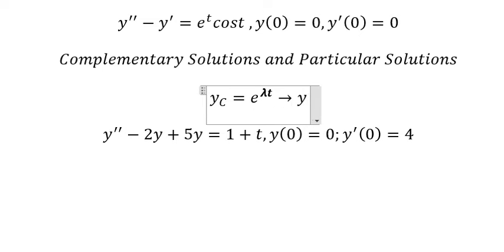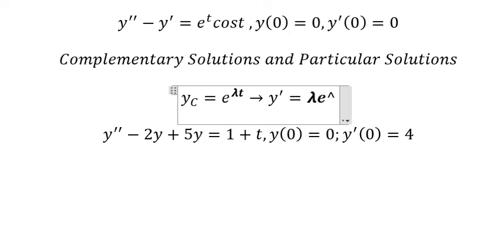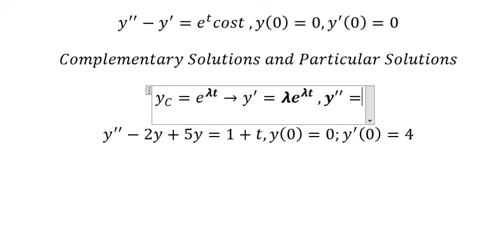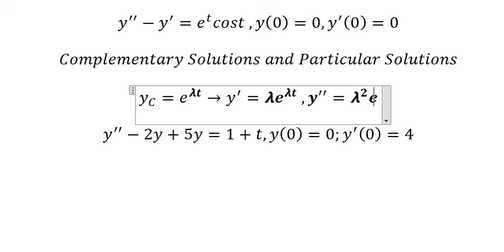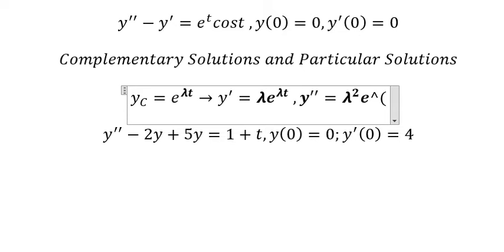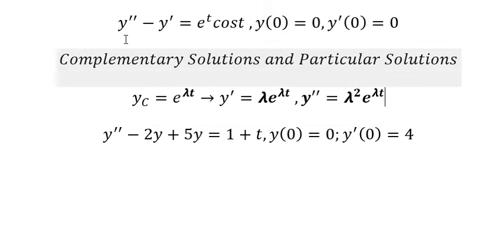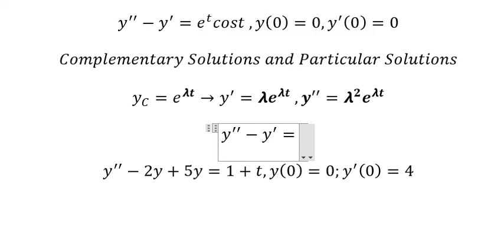So if we do first derivative, you will go about lambda e to the power of lambda t. And the second derivative, you go about lambda square e to the power of lambda t. So we have this one equal to number 0.